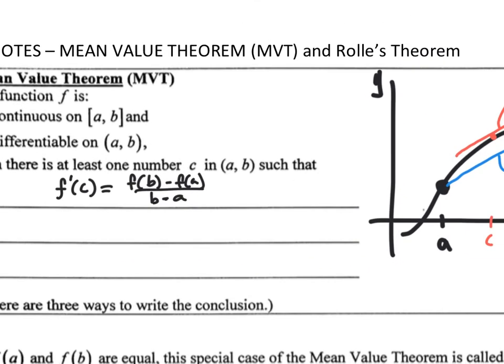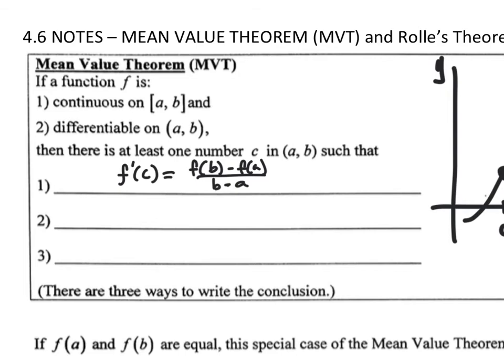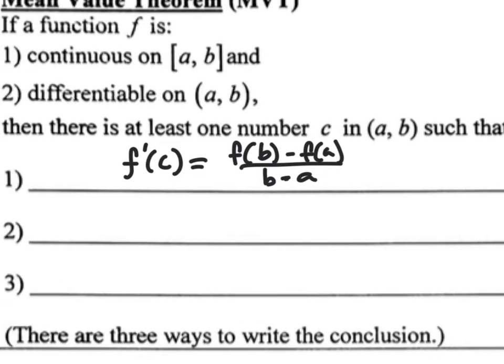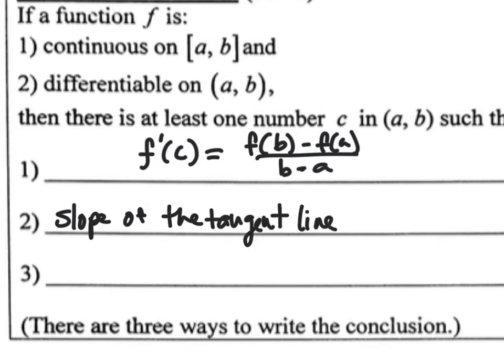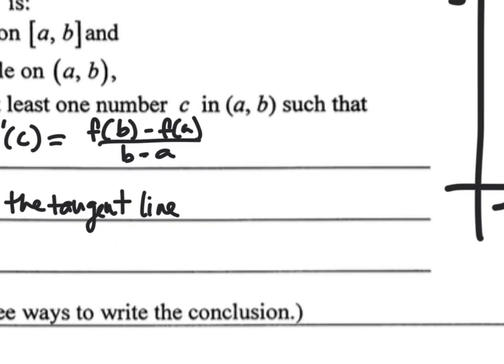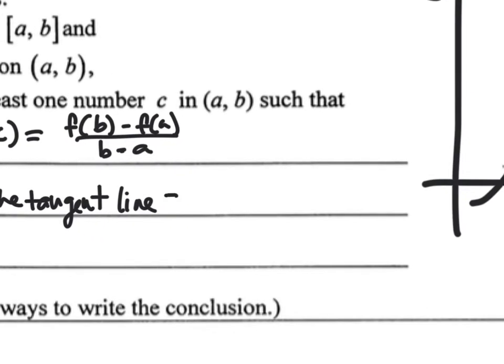This is the formal definition of the mean value theorem, but we should also say that the slope of the tangent line is equal to the slope of the secant line.